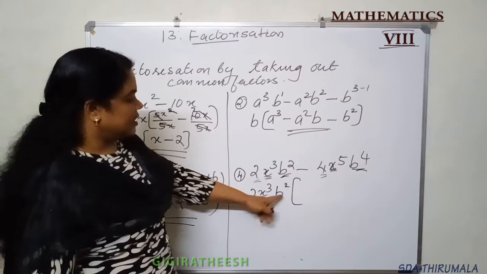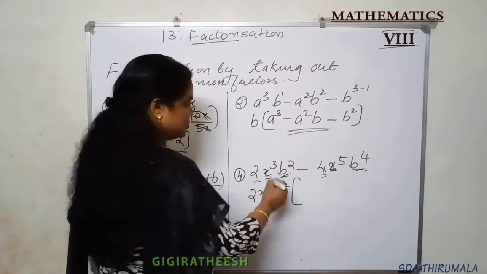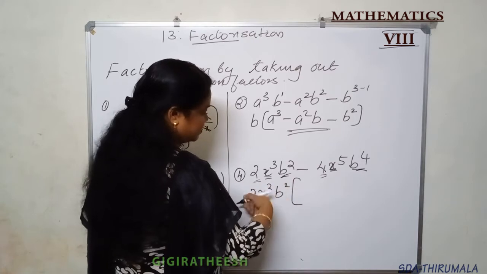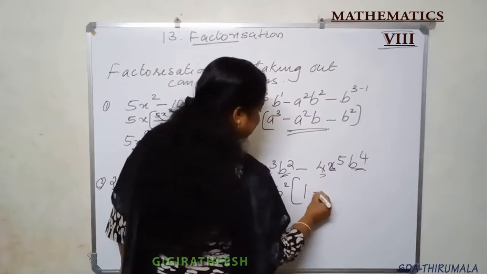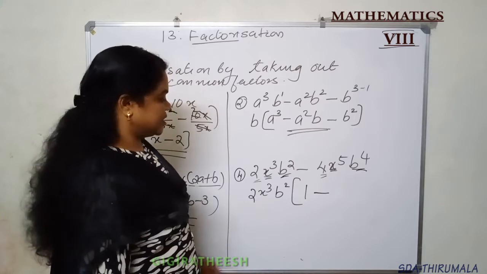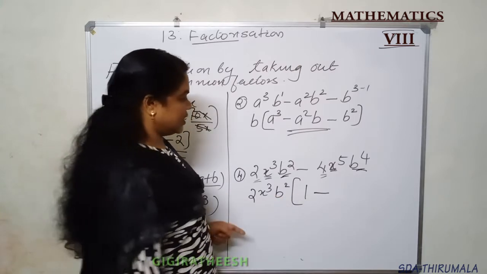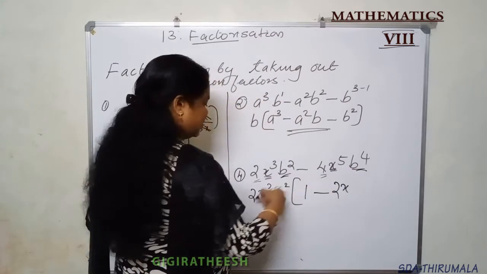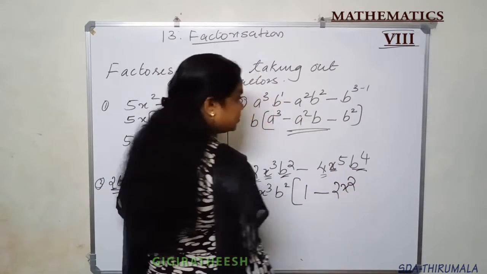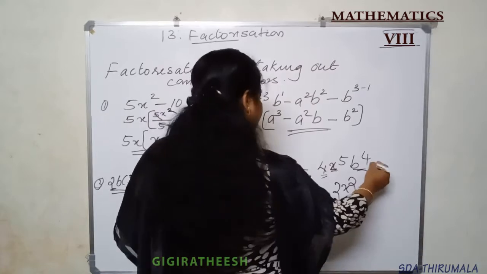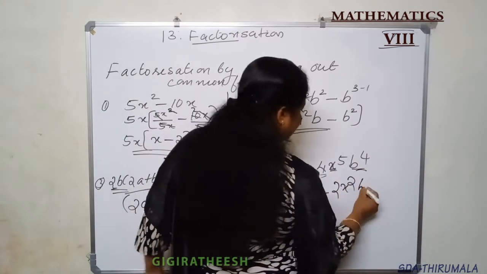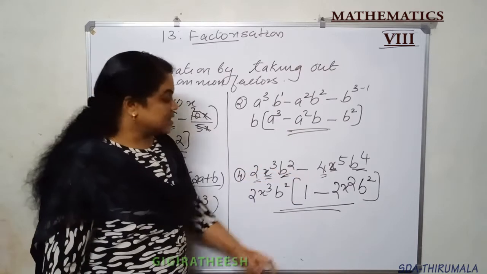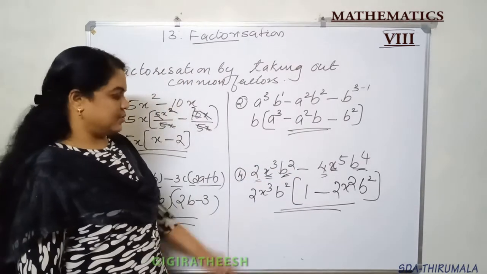So 2x cube b square is outside, and what is left is 1 minus 2x square b square. These are the factors of 2x cube b square minus 4x raised to 5 b raised to 4.